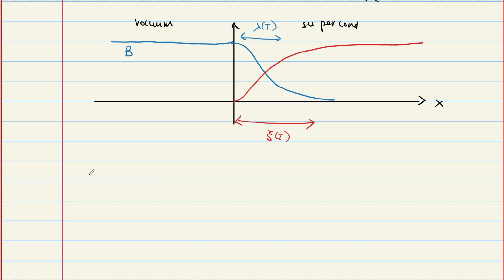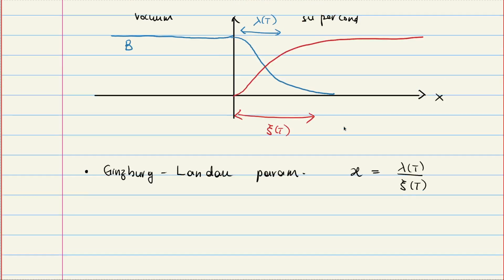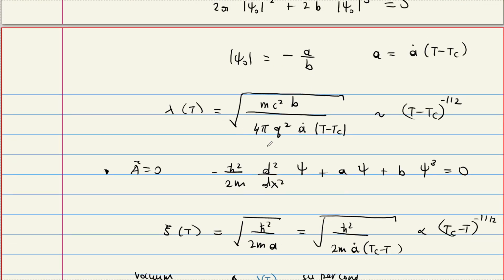That also enables us to introduce the so-called Ginzburg-Landau parameter, the Greek letter kappa, equal to lambda of T over psi of T. We have lambda here, we have psi here, and the temperatures are going to cancel because they have the same temperature dependence.